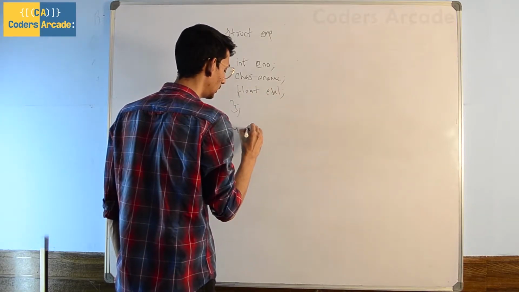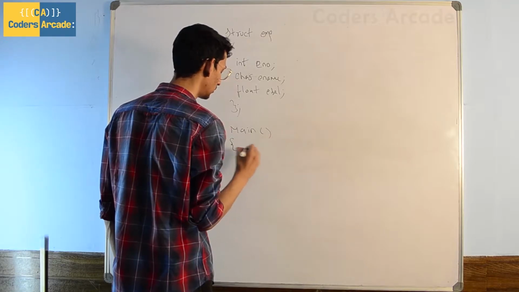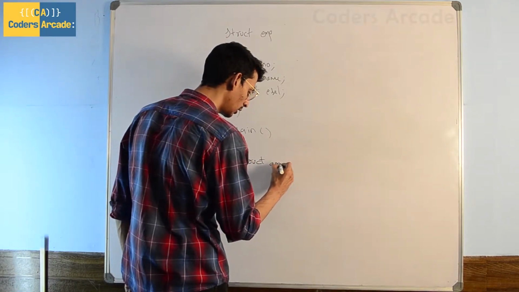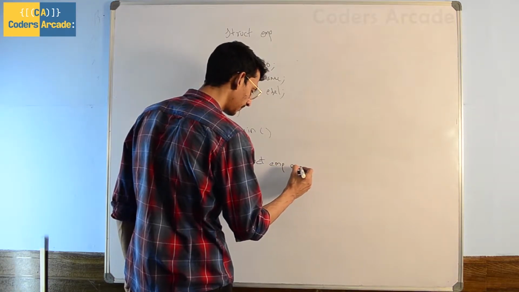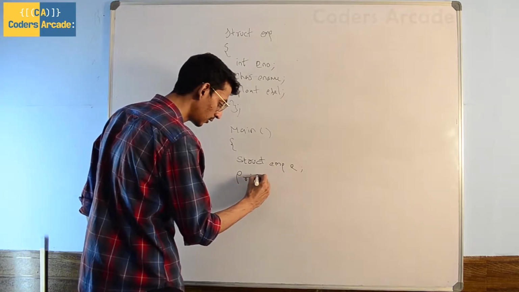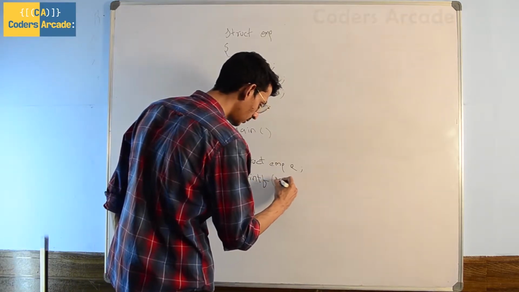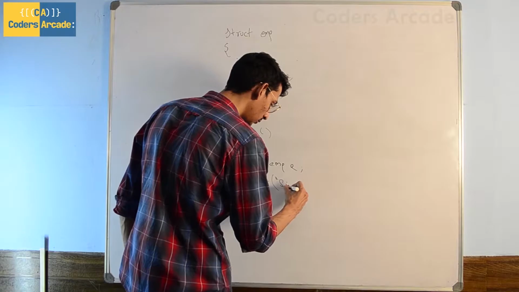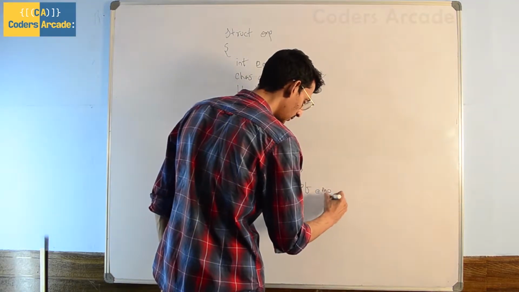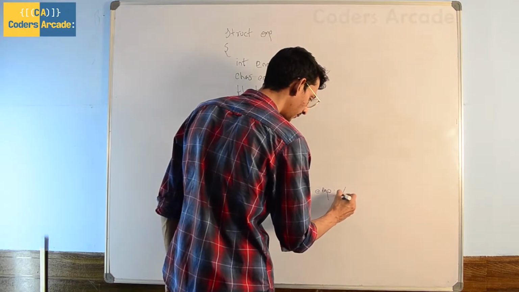Then inside our main function, we're going to declare our structure, struct employee E, and then we're going to printf sizeof employee, followed by a format specifier.